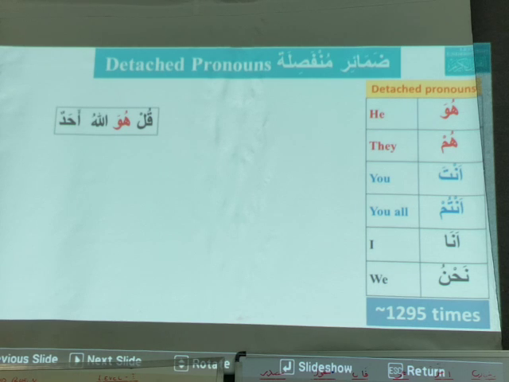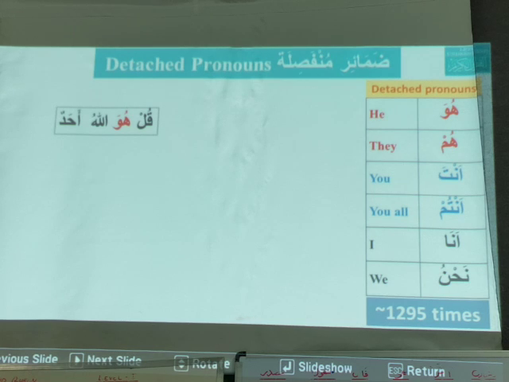If I have to talk about first person, myself or we, then I point this finger towards me. So I. If I use four fingers to point to myself, it means we. So huwa, hum, anta, antum, ana, nahnu.